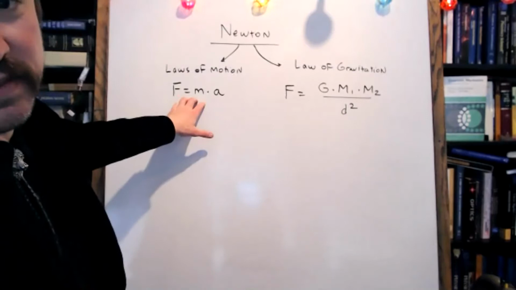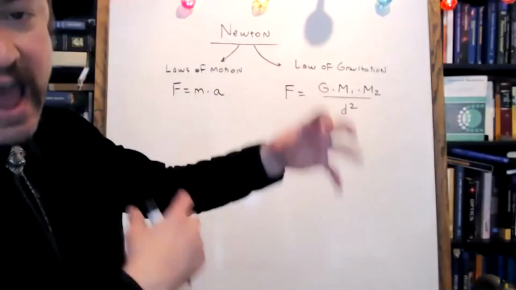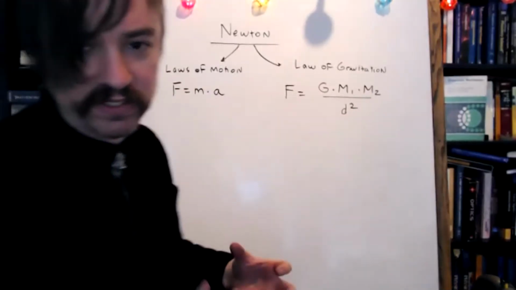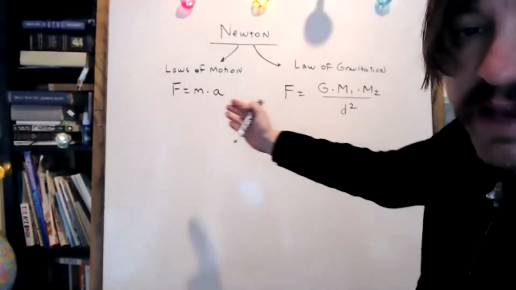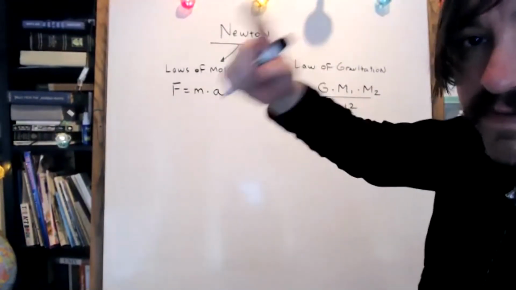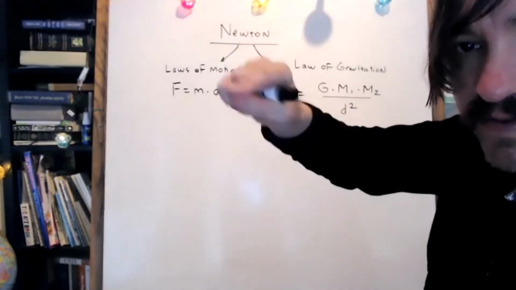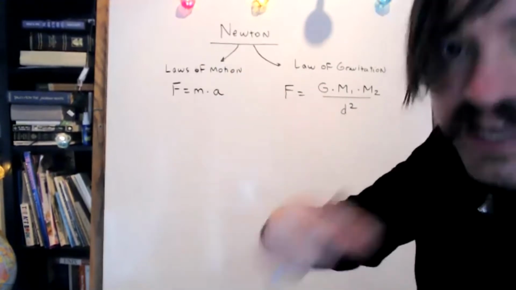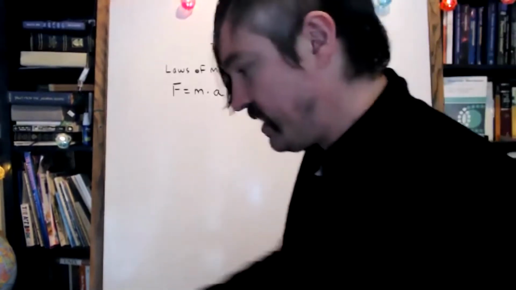He combined his laws of motion with his laws of gravitation to actually analyze the orbits of different bodies around the solar system. For instance, he cared about the moon, so he applied these two formulas to the orbit of the moon, asking how does the tug and the velocity cause the moon to go around in a circle? He analyzed that motion using these two equations, and it's in the Principia.